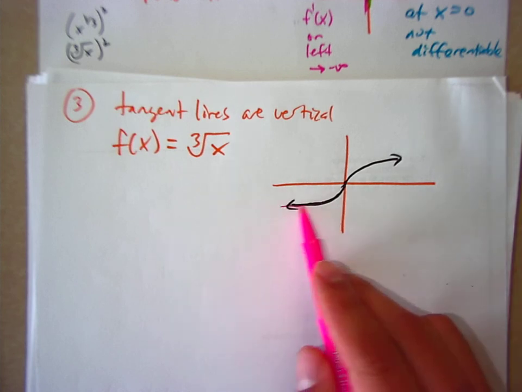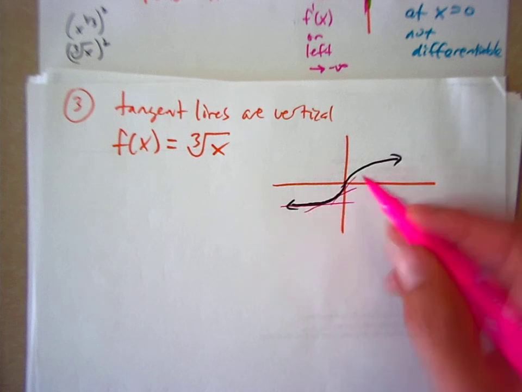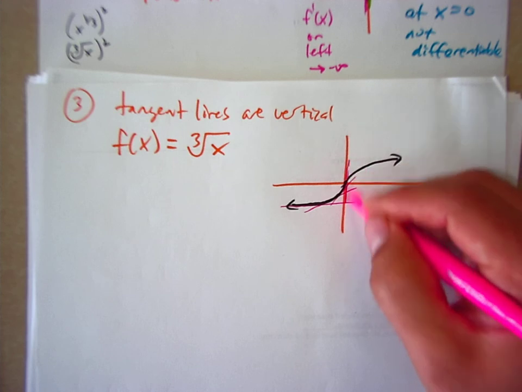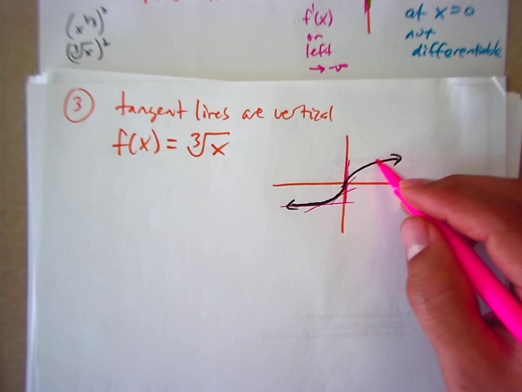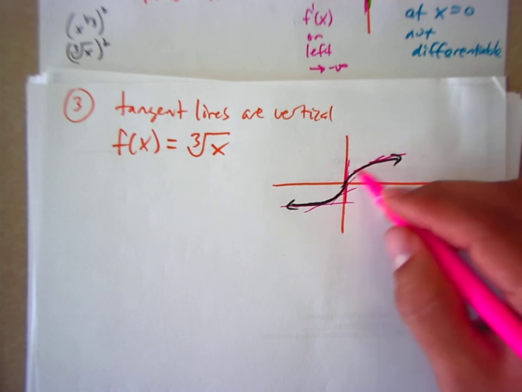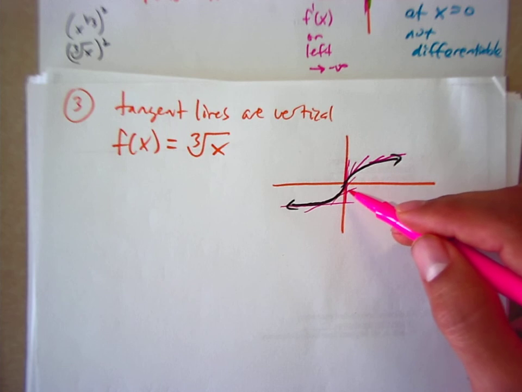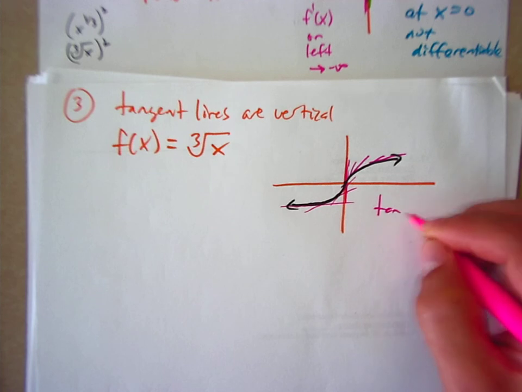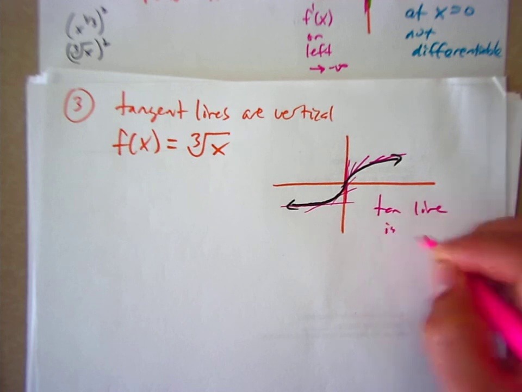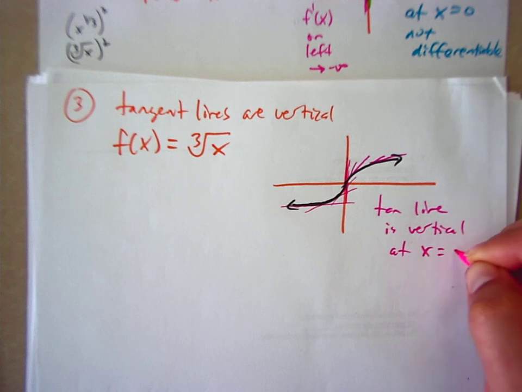Here's a tangent line, pretty flat. Here's another one. Here's another one, right? As I get close to 0, the tangent line is going to become vertical. And you can see it on this side as well. Pretty flat, a little steeper, and eventually when I get to 0, I get a tangent line that is vertical there. So the tangent line is vertical at x equals 0.